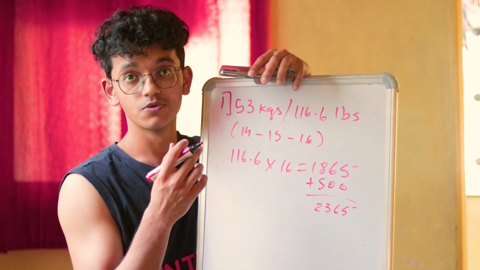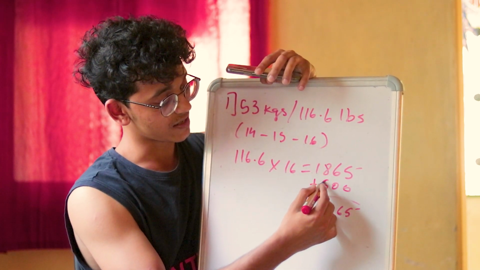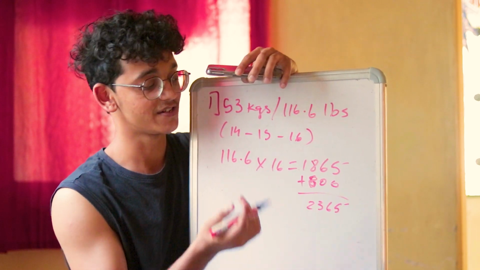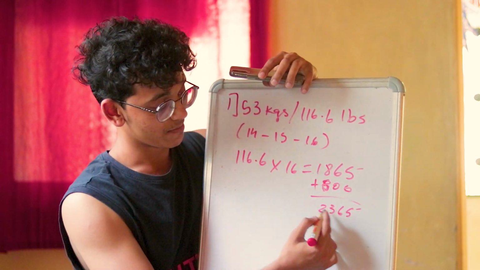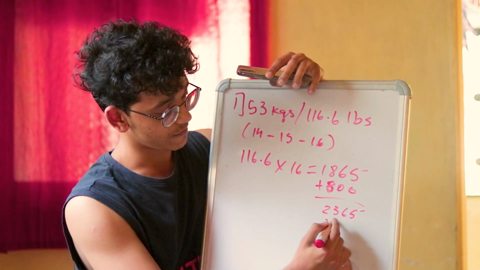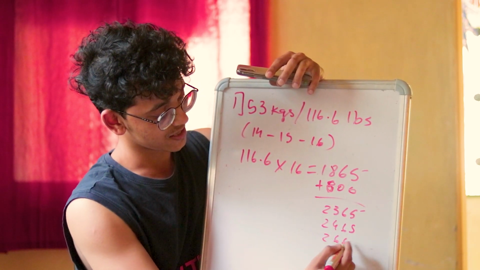But if you want to gain more muscle each week, then you can add 600 or 800. If you add 600 more, it becomes 2465. If you add 800, it becomes 2665.